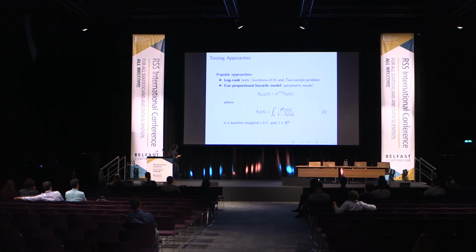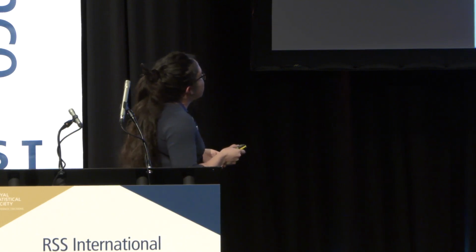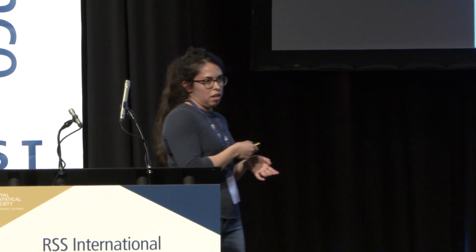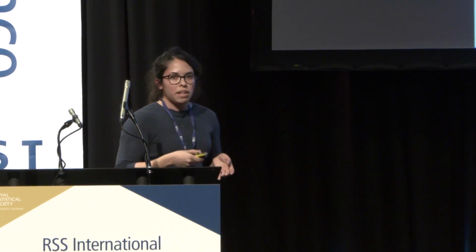Popular approaches in survival analysis are log-rank tests, which are commonly used in the goodness of fit setting and the two-sample problem. And for covariates taking values in R^d, the Cox proportional hazards model, deriving a score test for this model, is a quite standard approach.